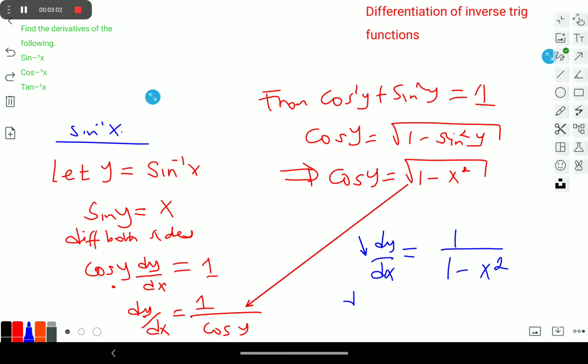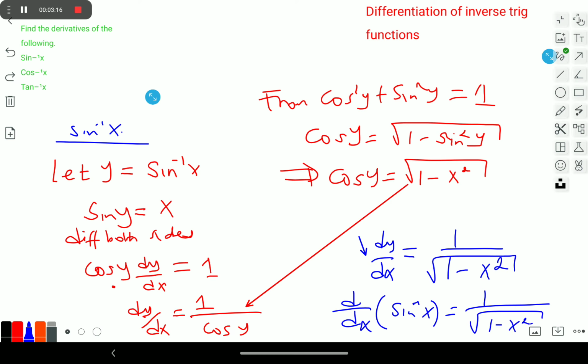So dy/dx of sine inverse of x is equal to 1 out of the square root of 1 minus x squared. Okay. Now let us go to the next question and see.